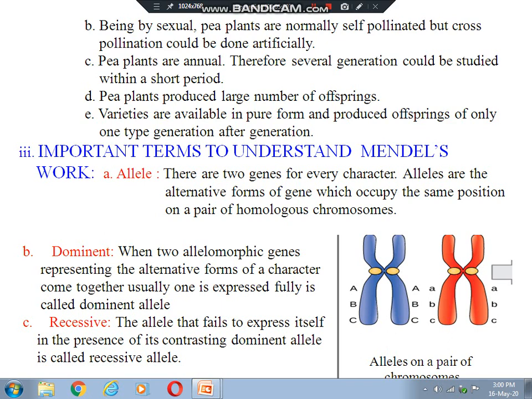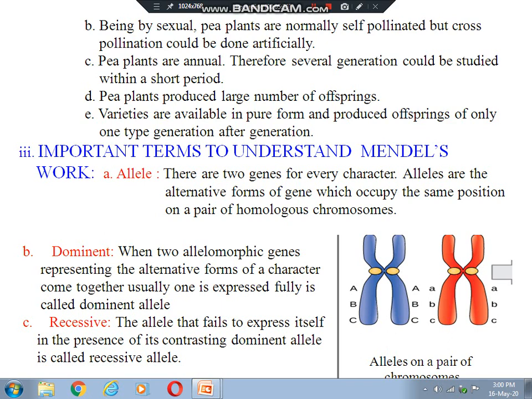When two allelomorphic genes representing the alternative forms of a character, that means opposite forms of a character, that is tall, short, or black eye color, brown eye color, anything can be given here. So alternative forms of a character come together. Usually one is expressed. The character which is expressed is the dominant character. So one that is expressed fully is called the dominant allele.